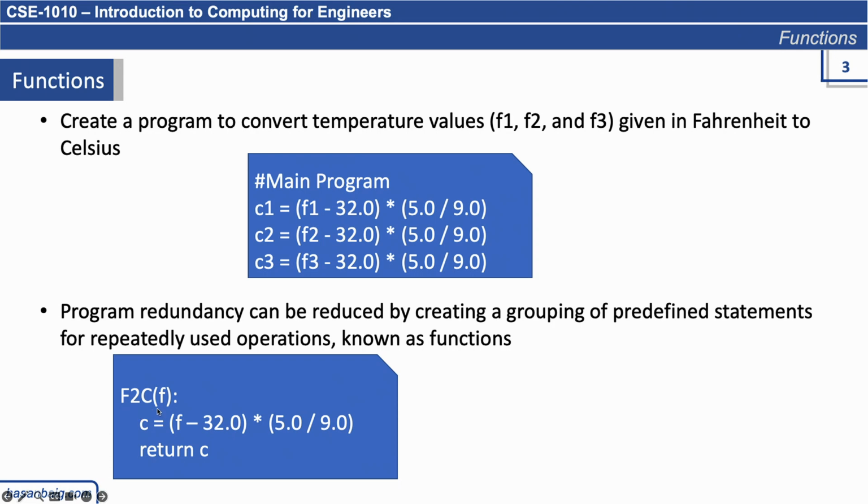Because you will be calling the function repeatedly, it's better to keep the function name concise and compact. Otherwise, if you name it like Fahrenheit_complete_to_Celsius, you would have to write the full name every time you need to call the function.